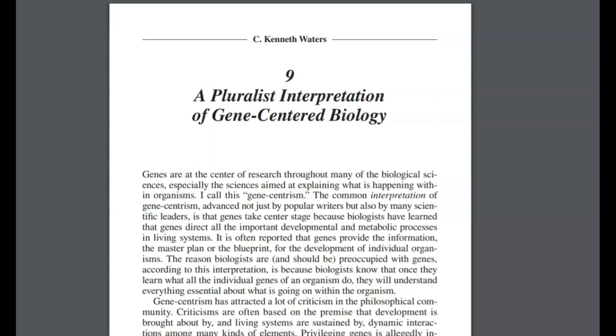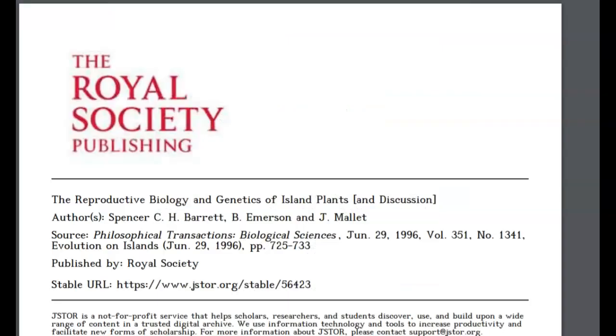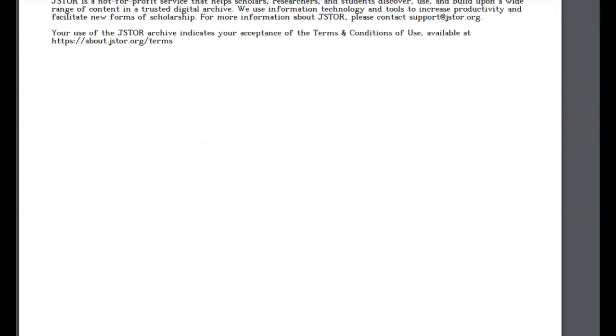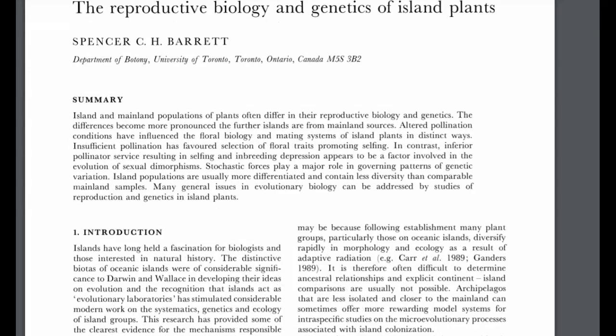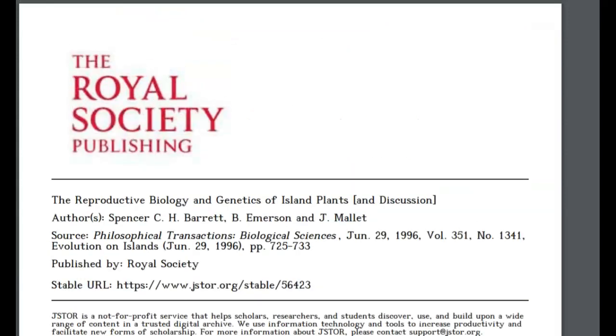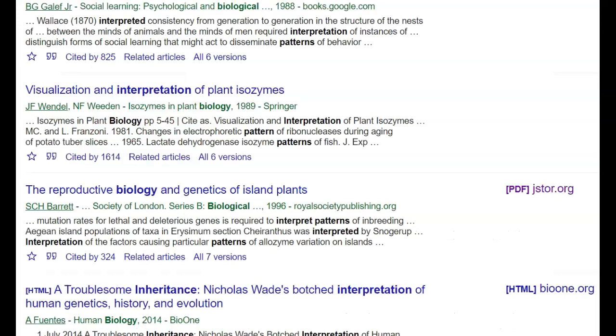Okay, here's a chapter from a book, and you could cite a chapter from a book. So there's another option. Here's another paper. This one's about island plants, right? So maybe the examples you present in your body paragraphs are about examples from the same or different landscapes. So hopefully you can see that this is about just shopping around for some articles.